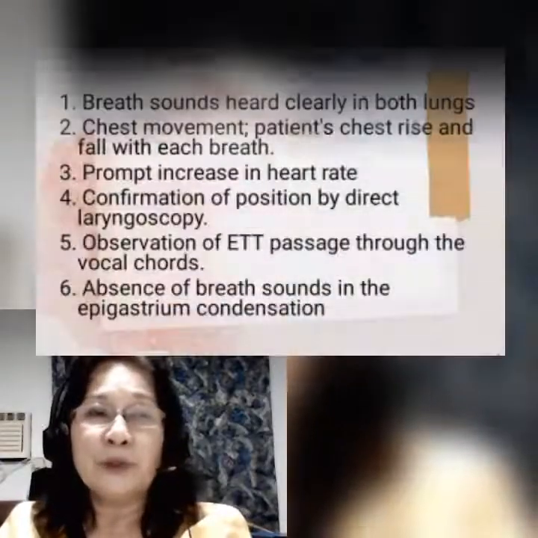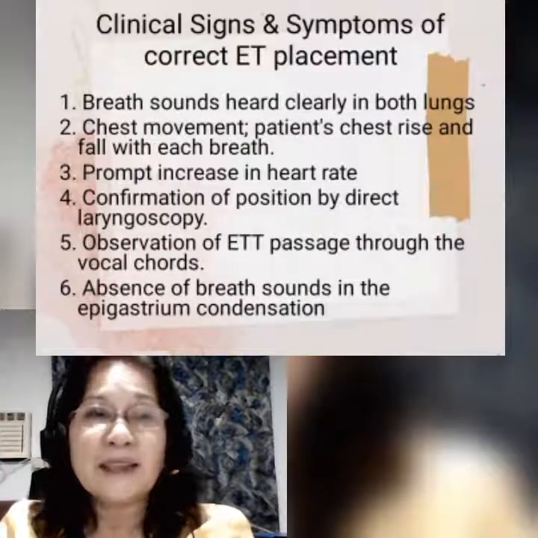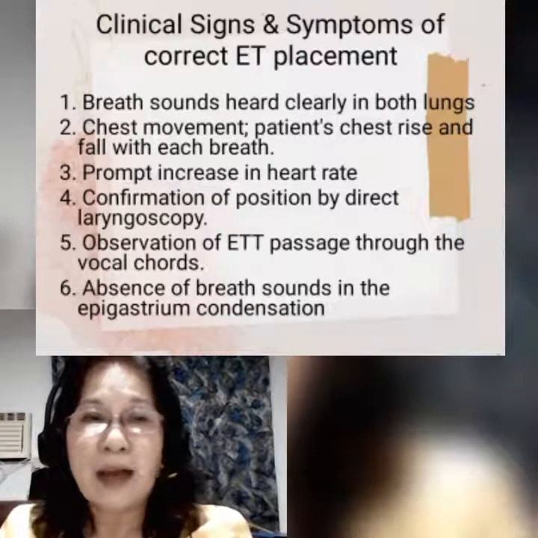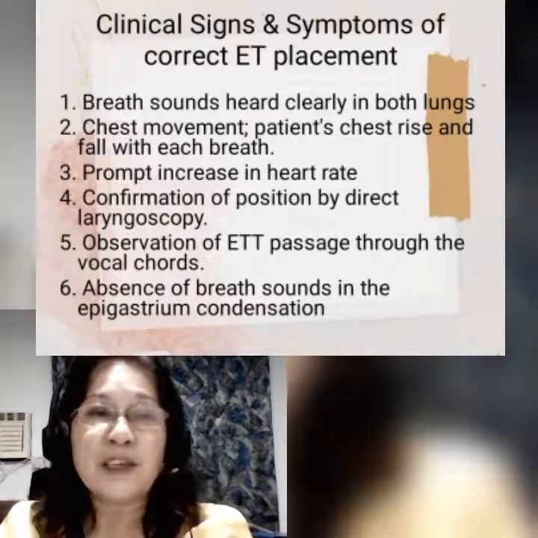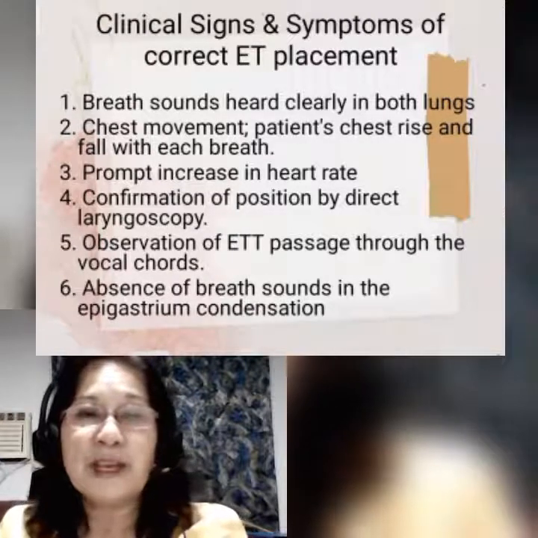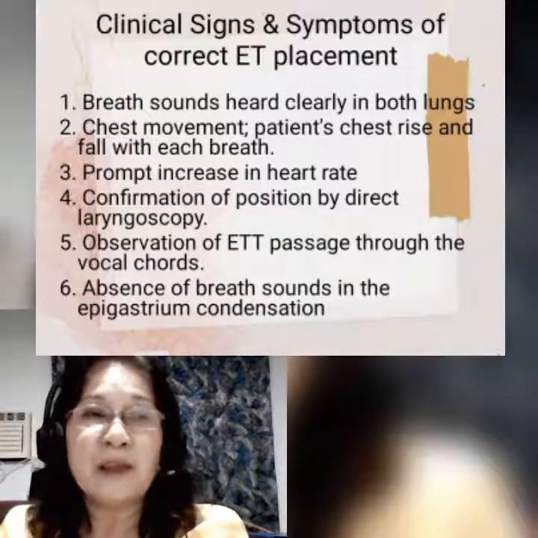Okay. Then there are some clinical signs and symptoms of correct ET placement. First, you have to assess for the breath sounds, if it is heard clearly in both lungs. And then the chest movement, patient's chest rise and fall with each breath.